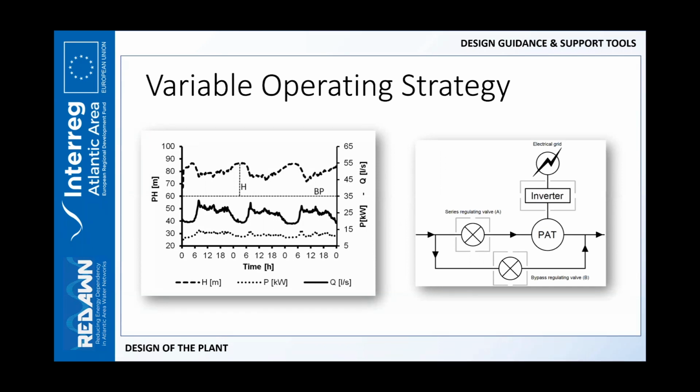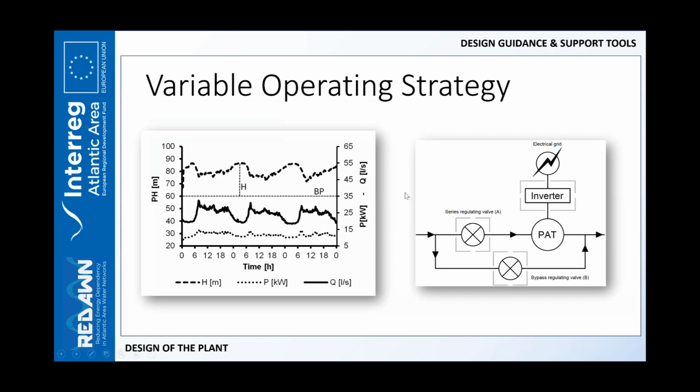I told you about the high variability of hydraulic characteristics of a hydropower plant in water distribution networks. Here you can see an example of a highly variable head jump and discharge, as well as highly variable power. And then we have to face this variability in an energy production plant.